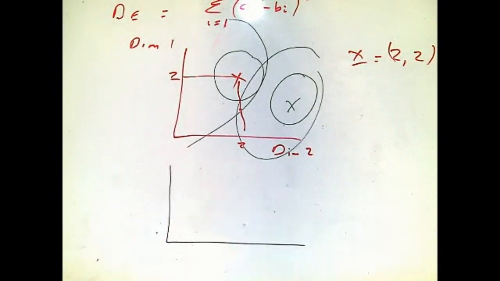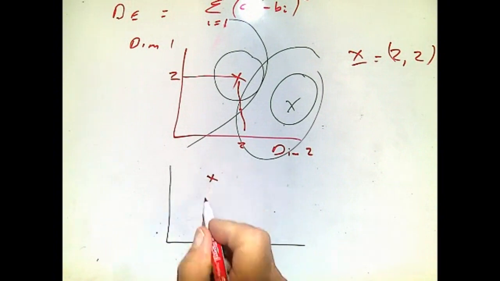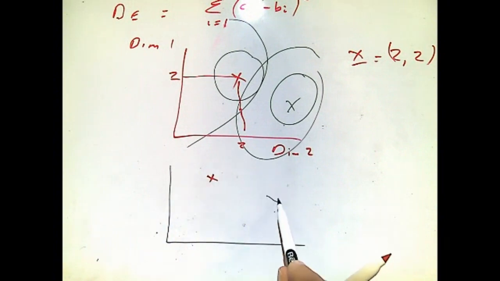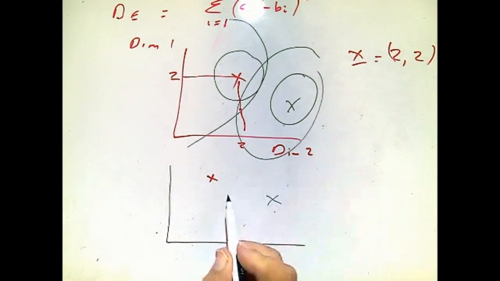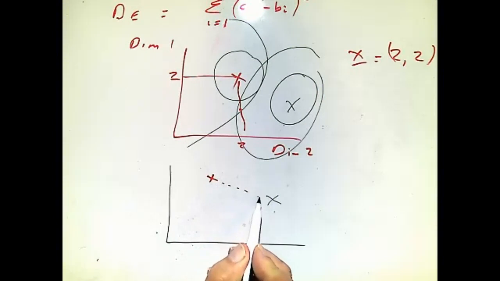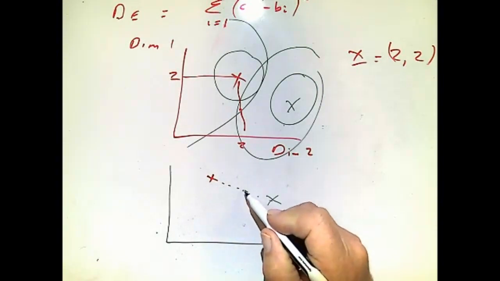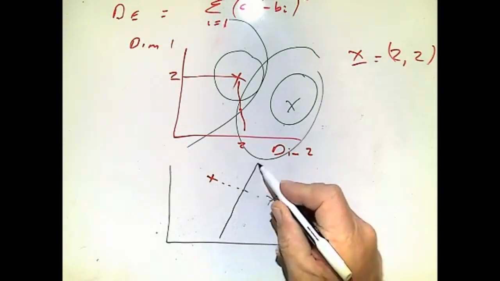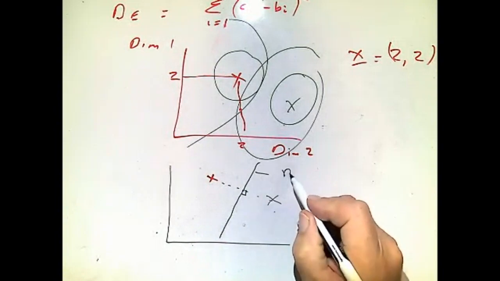There's pattern red. There is pattern red. There is point X. And the decision surface is going to be the line at right angles to those 2 reference points, passing through the midpoint, and that will be the decision surface.